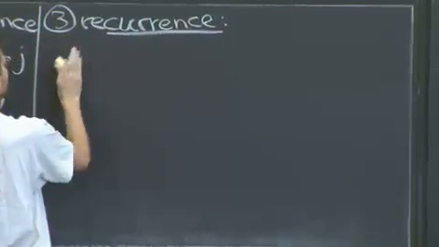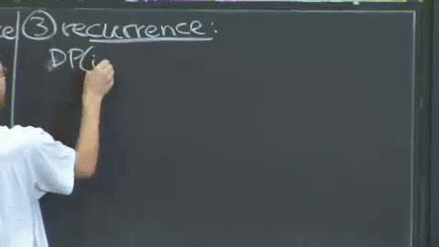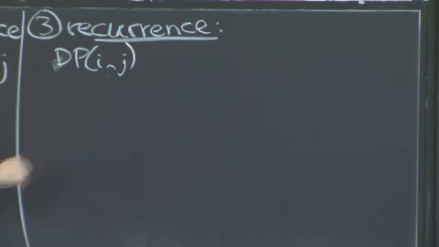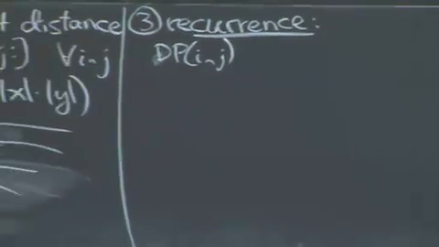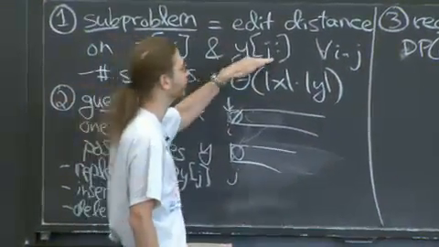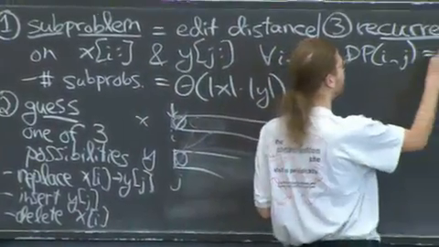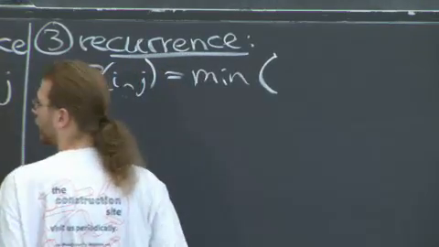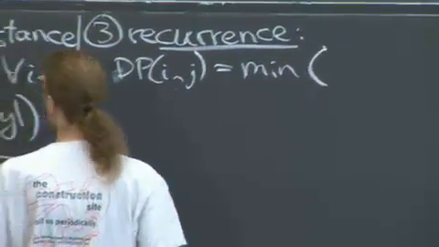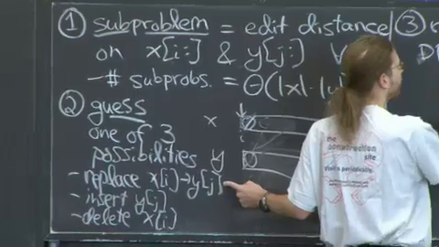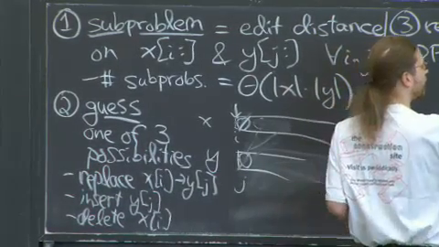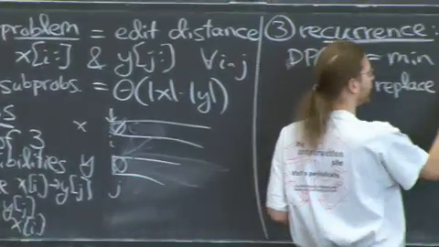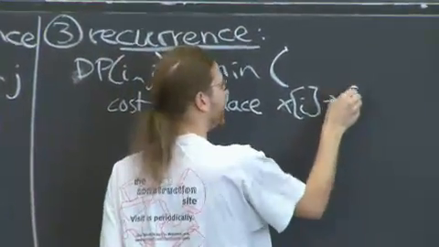So I'm going to write, I guess, dp of I comma j. But now I comma j is not a substring. It's a suffix of x and a suffix of y. So it corresponds to this subproblem. If I want to solve that subproblem, it's going to be the min of three options. We've got the replace case. So it's going to be some cost of the replace from xi to yj.